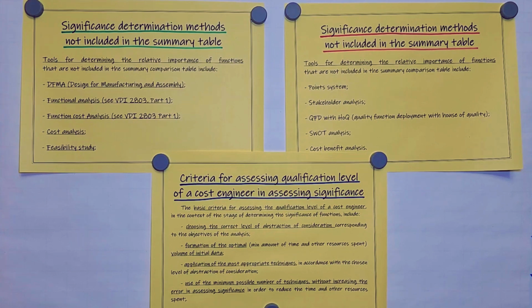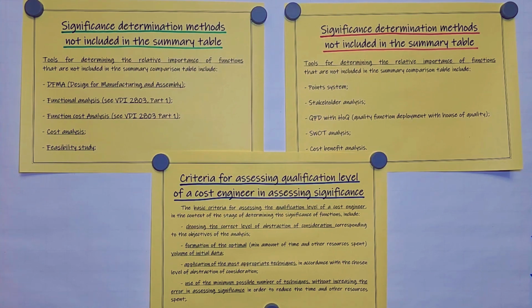The table also doesn't include tools such as functional analysis, or functional cost analysis, as you can see this formulation in standard VDI 2803 Part 1. In this case, I would not like to delve into the existence of contradictions related to translation.